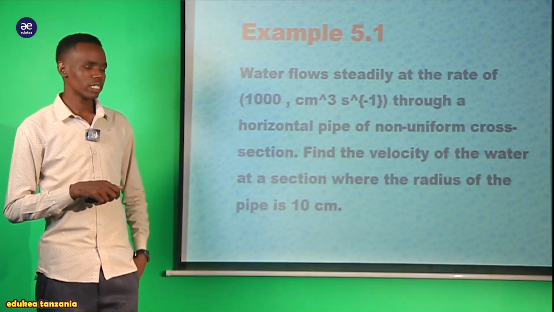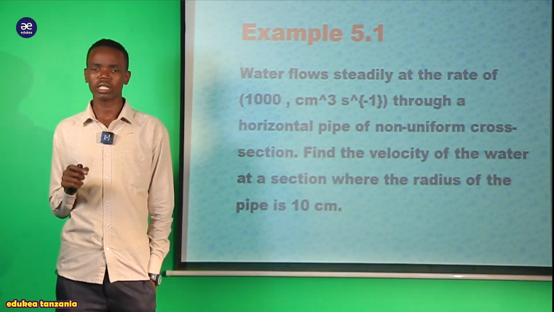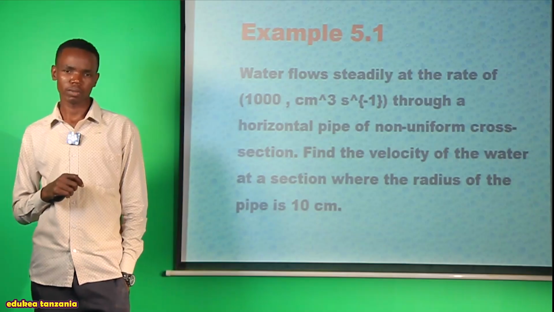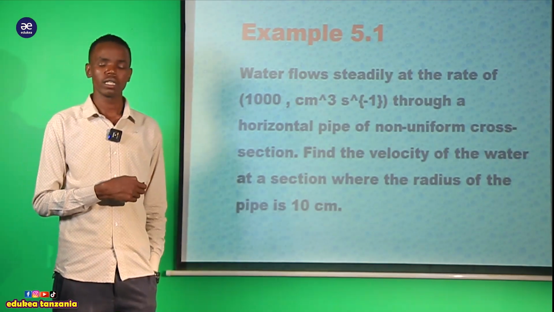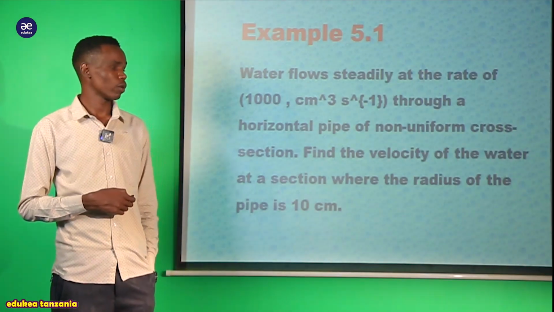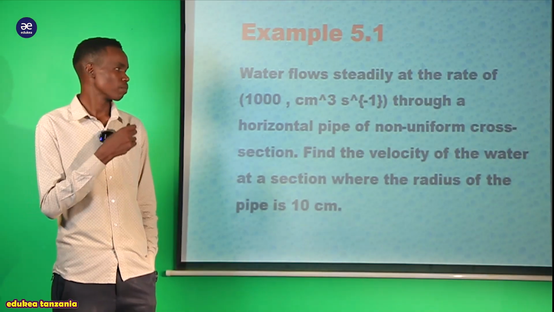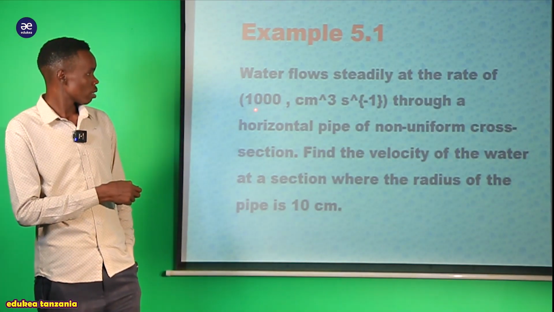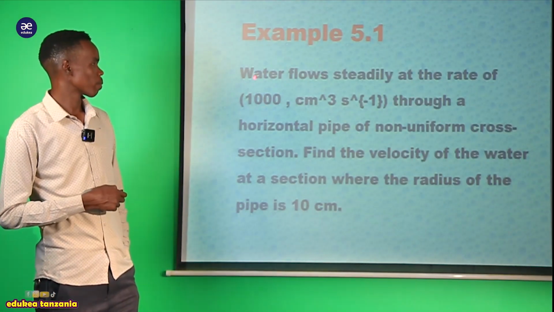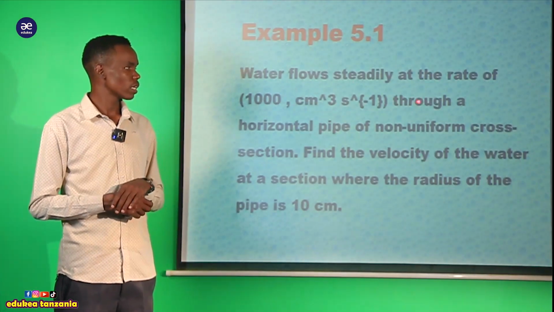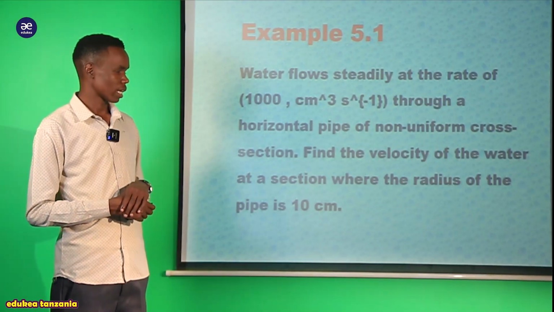But for our discussion today, let us see an example related to what we learned on the last session. This is our example number 5.1, the first example on topic number 5. The example says that water flows steadily at the rate of 1000 centimeter cube per second.